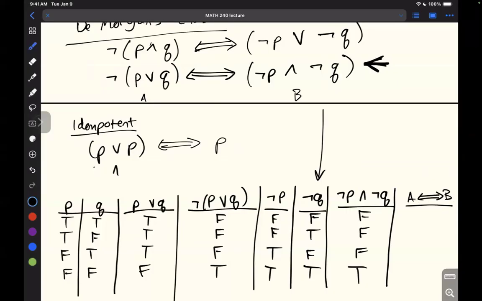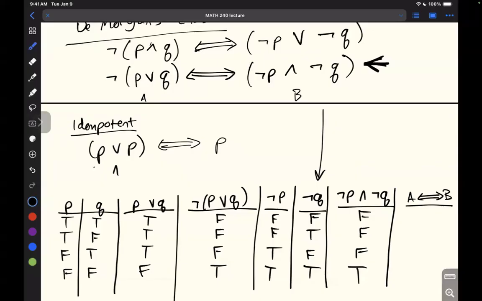And then all we have to do is see, are they equivalent? It's been a weekend, so let's go back to the equivalence tables. All right, let me find what page those are on. That's implication.